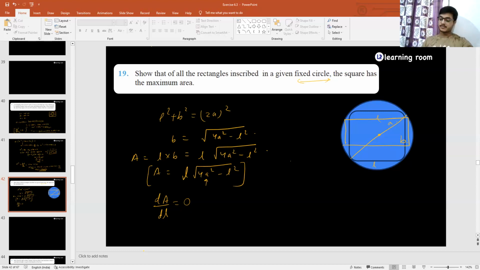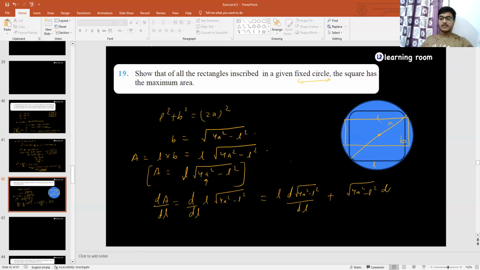See here. So it will be d upon dl of L times root under 4a square minus L square, right? So this is the multiplication rule we have to apply here. So I'll be writing this as L d under root of 4a square minus L square upon dl plus under root of 4a square minus L square into dL upon dl. Agree?